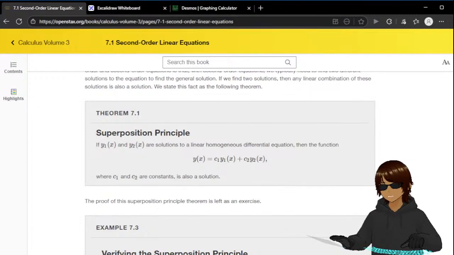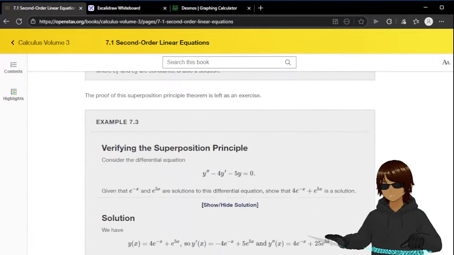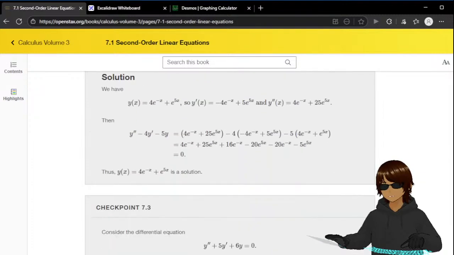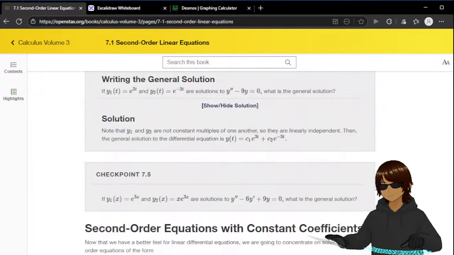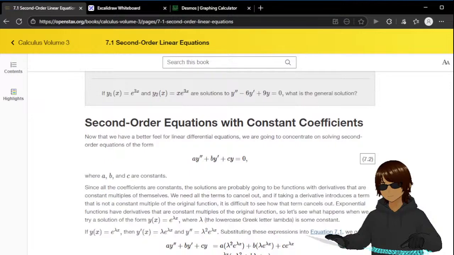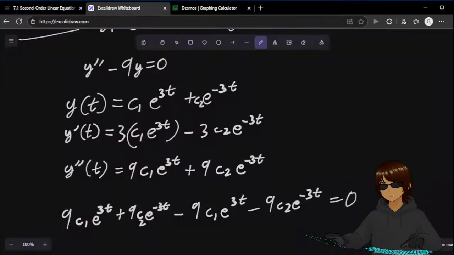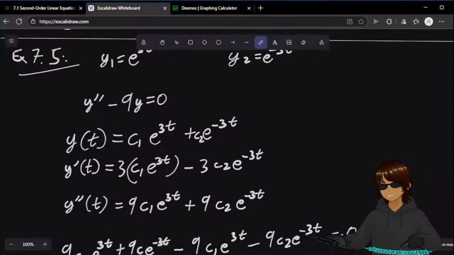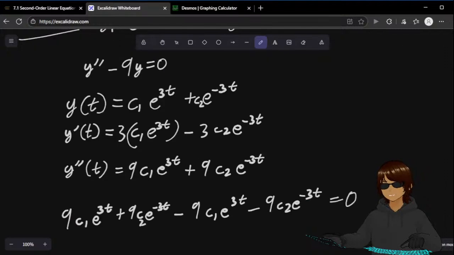Where C1 and C2 are constants, also a solution. But they can be any constants. It doesn't matter what constants they are. Because if I replace C1 and C2 here with any random number, this entire function will still work. This entire thing will still work.